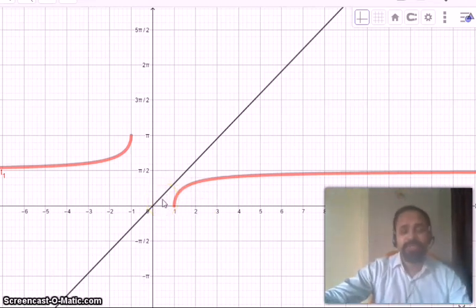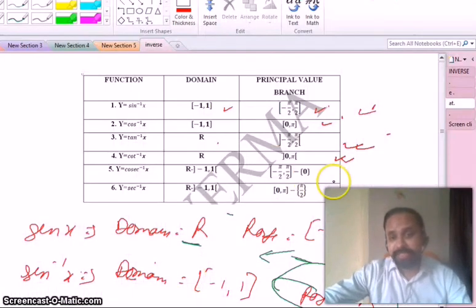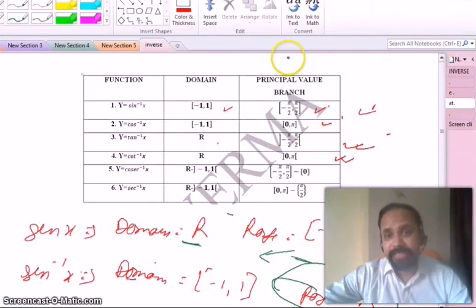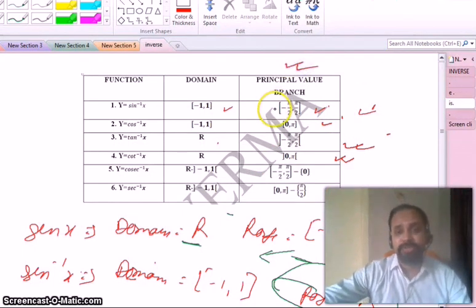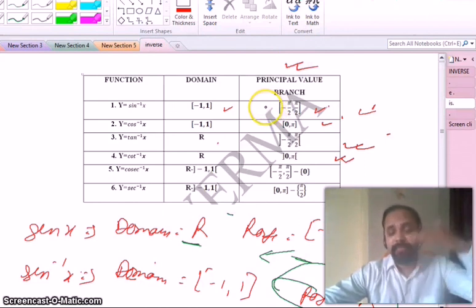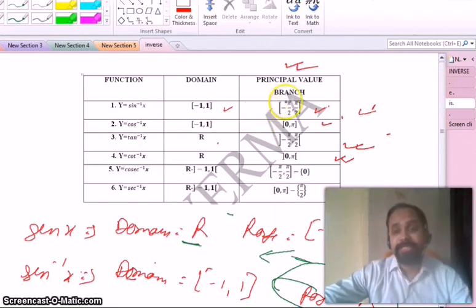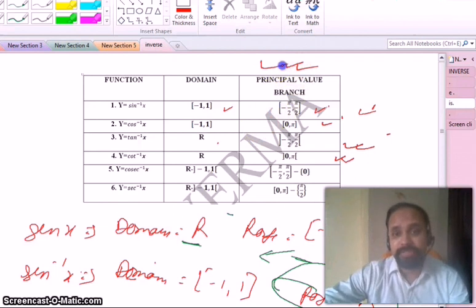Simply you have to draw the trigonometric graph, then draw the image of that graph with respect to y equals x, and then restrict the limit. And these limits we have written are the principal branch values. Again, this is the principal branch value, not the only range. These are the branch values. Okay, above this one also sin inverse and all the trigonometric functions are defined, and below this one trigonometric functions are defined, and these are the principal branch values in which we draw the graph.